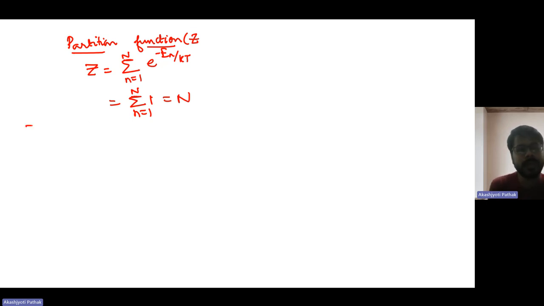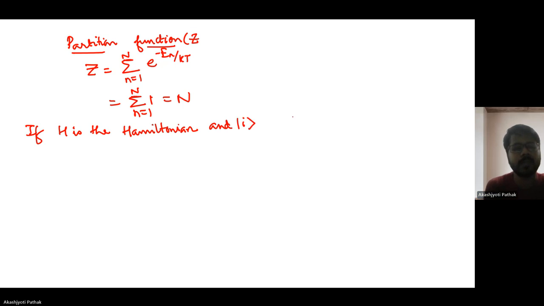Now, if H is the Hamiltonian and |i> are the eigenstates with eigenvalue lambda i.